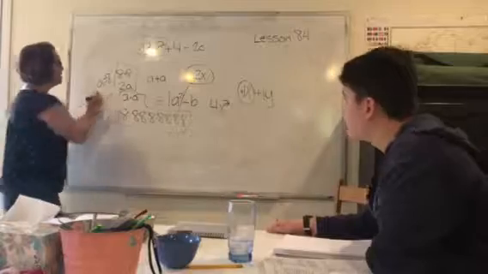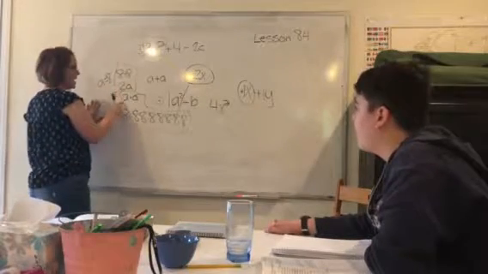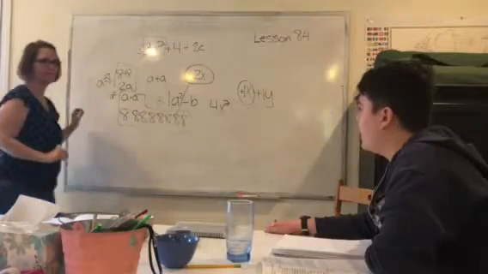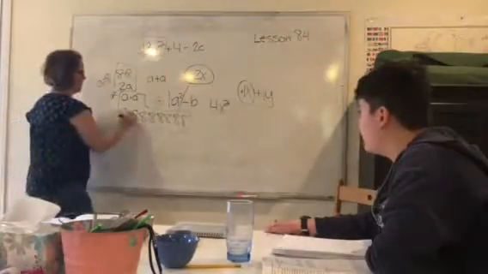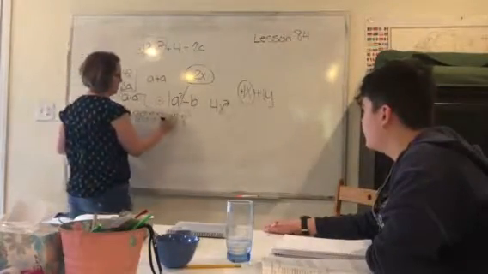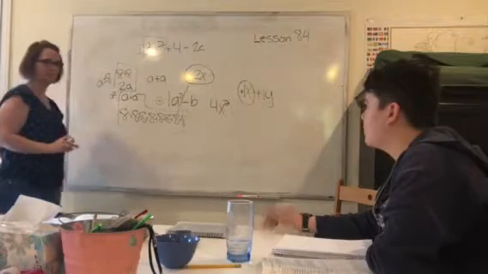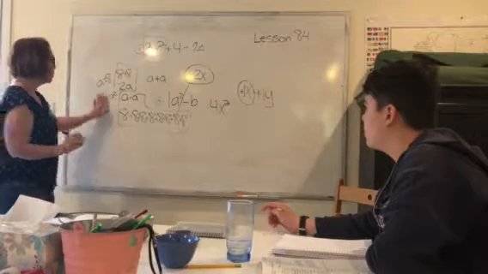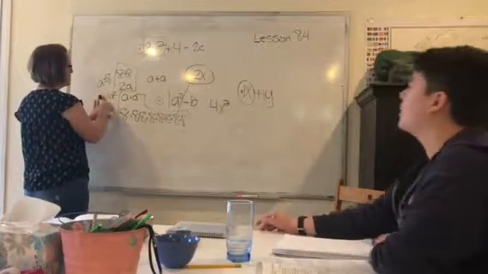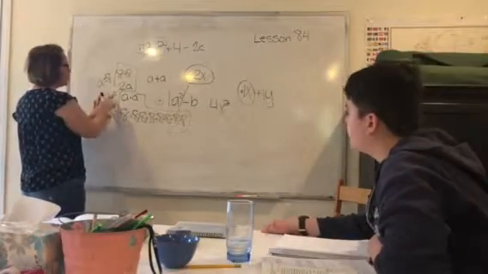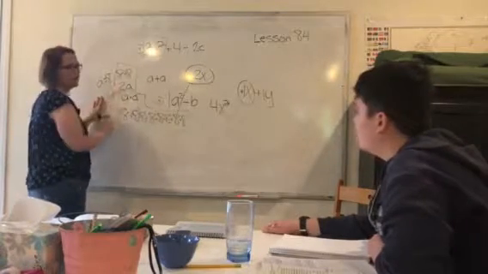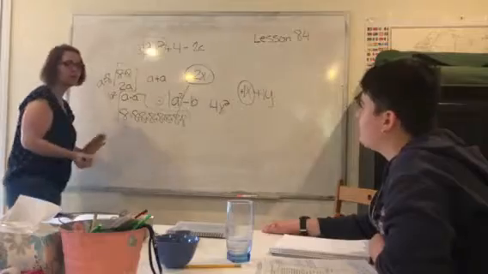When I say A squared, I'm saying A times A, which means 8 times 8. Okay. When we're adding, the number in front is how many times we're going to add it to itself together. The exponent is how many times we're going to multiply it by itself together.